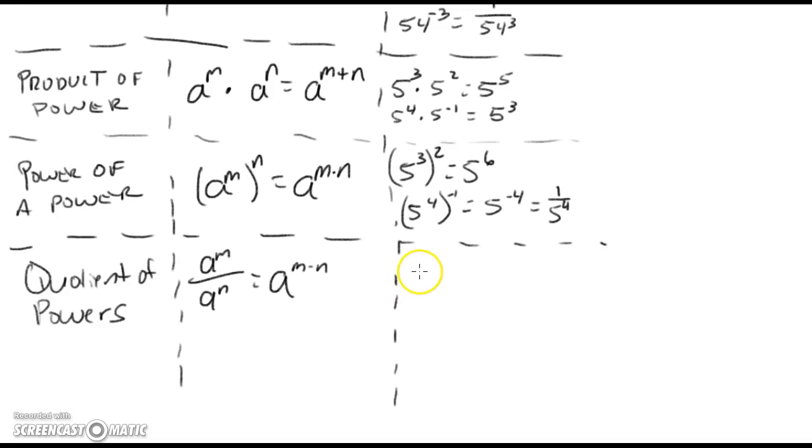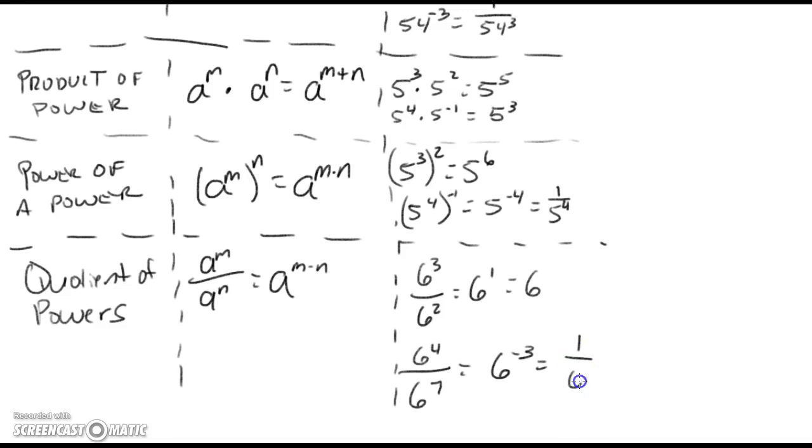So if my example is 6 cubed over 6 squared, then this becomes 6 to the 1 power. 3 minus 2 is 1, or in other words, it's just 6. Likewise, if I have 6 to the 4th power over 6 to the 7th power, that becomes 6 to the negative 3, which is the same thing as 1 over 6 cubed.